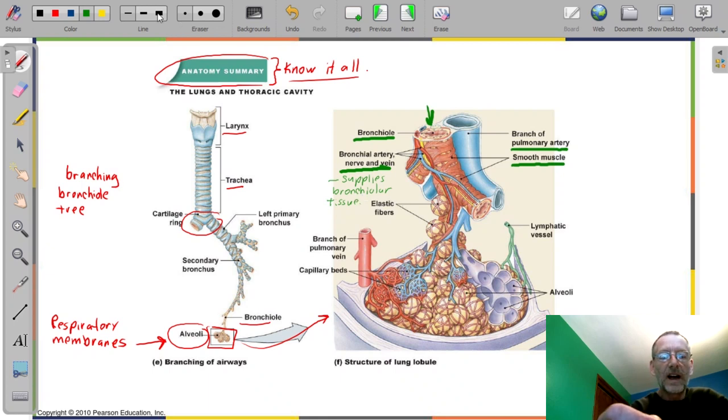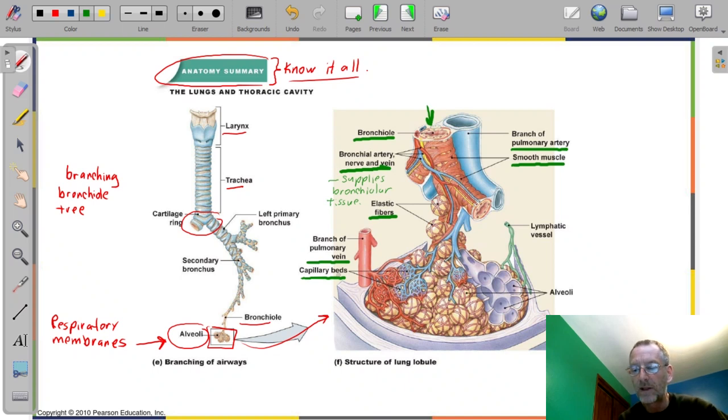There are abundant elastic fibers, and those are wrapped around the alveoli that have to stretch when the lungs inflate. And here is a branch of the pulmonary vein. It's red because it's been freshly oxygenated. And here are the pulmonary capillary beds shown.